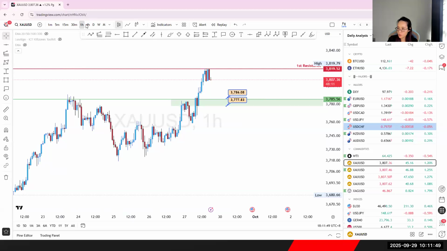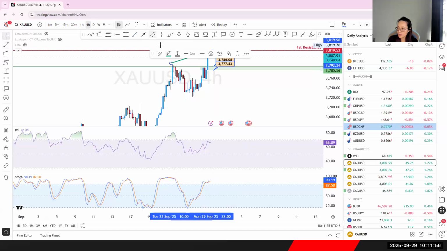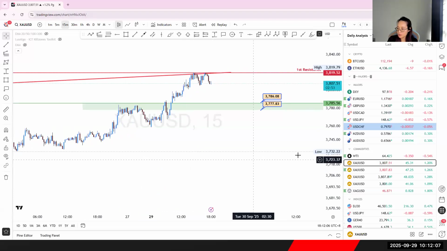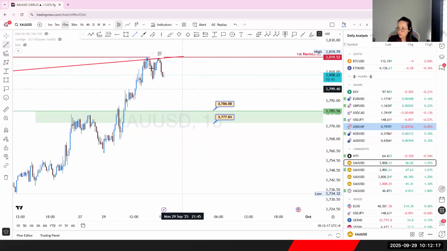Okay, go to H4, right? In H4 time frame, what I can see is there's a bearish divergence here versus the indicator. Okay, so this is going to be our buy entry, meaning that go back to the M15. If M15 is going to make a double top or M pattern, meaning that in order for them to go to our buy entry, they need to break below this level.